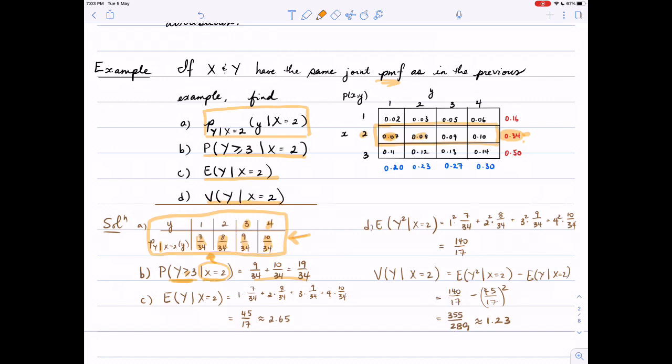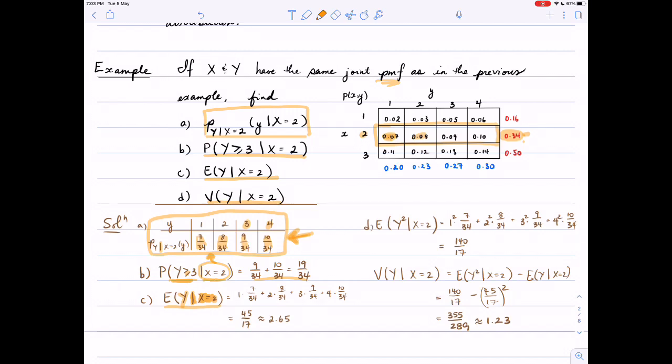The same thing for the expected value. Given x is equal to 2, the expected value of y given x equals 2: we have already taken care of the fact that x equals 2, and so we just calculate the expected value using this distribution as if it were any old probability mass function.